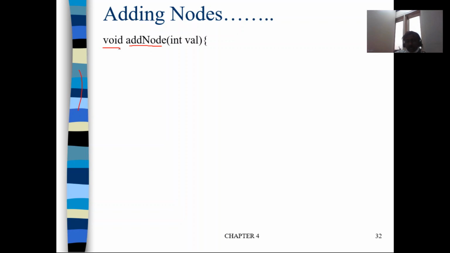It takes one argument called val, which means that you create a new node, that node's data part will contain the value val, and its next pointer will be NULL, and you add this node to the end of the linked list.